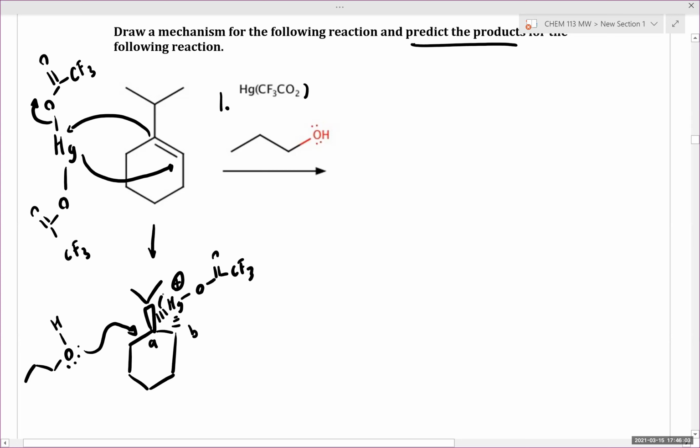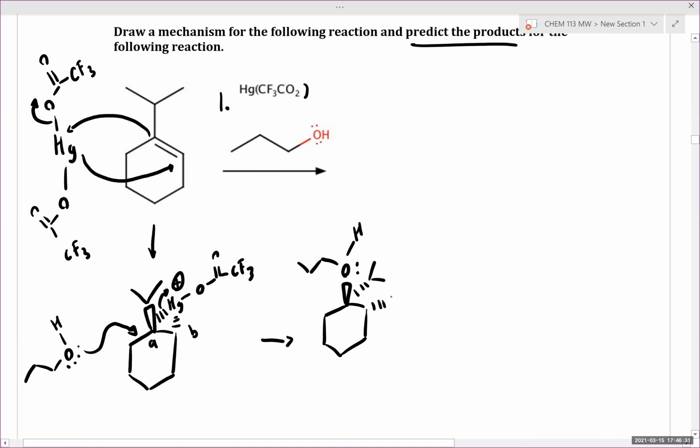So we open up our mercurinium intermediate. This attack follows Markovnikov regio control. And really importantly to note, when we open up our mercurinium intermediate, the alcohol attacks from the opposite face. So anti stereochemistry, Markovnikov regiochemistry.